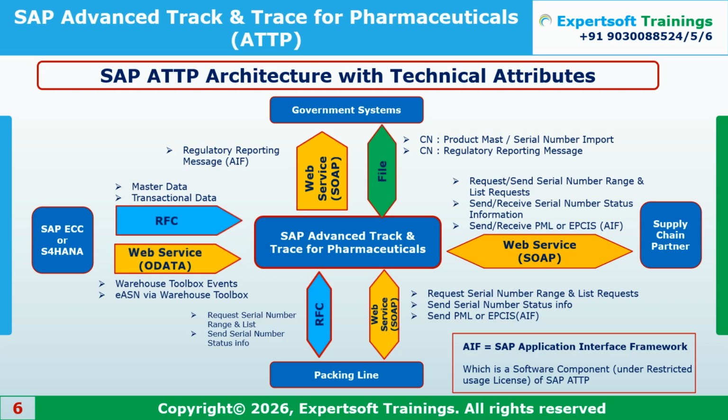So these are all four different systems, and how does each connect to ATTP? During training, we will discuss each topic line by line, topic by topic, during our training sessions.